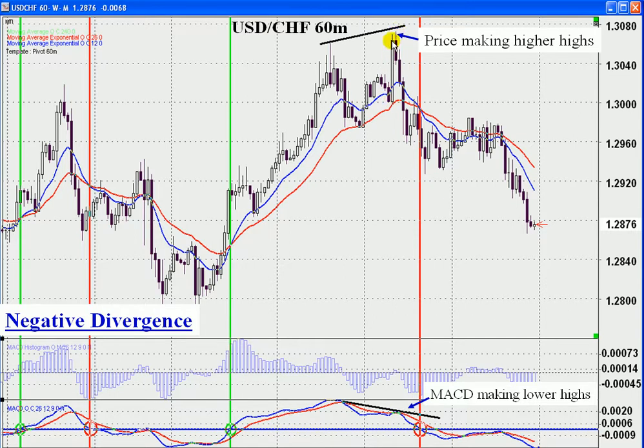While price attempted to make a new high, it was rejected, while MACD is making a lower high preceding price, and a nice down move follows.